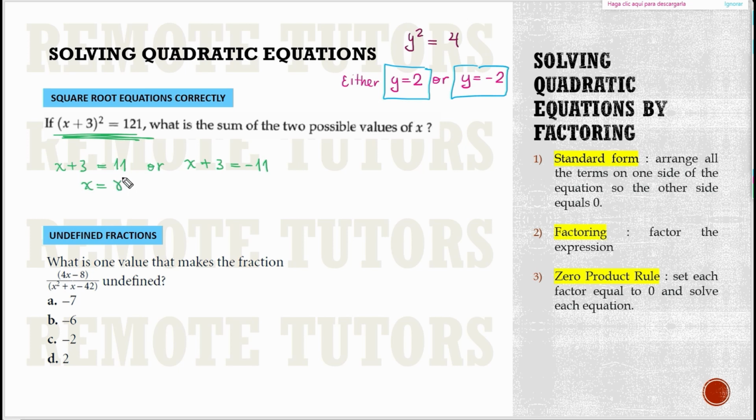So x is either 8 or negative 14. Now the answer will be the sum of the two possible solutions. So the sum must be 8 plus minus 14, and that gives negative 6.